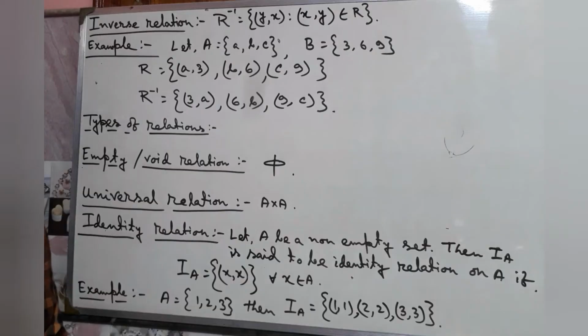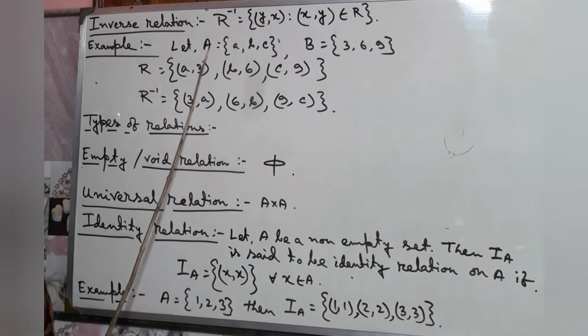Now, the inverse of a relation. What is an inverse relation? If (x,y) is an ordered pair of the relation R, then (y,x), the reversed ordered pair, will be an element of the inverse of that particular relation.